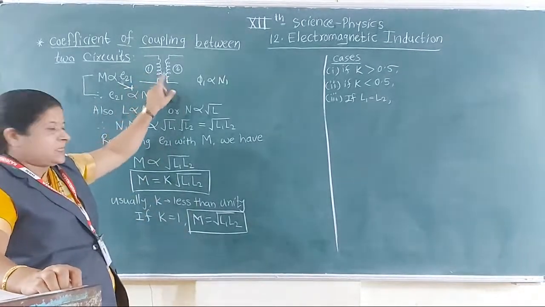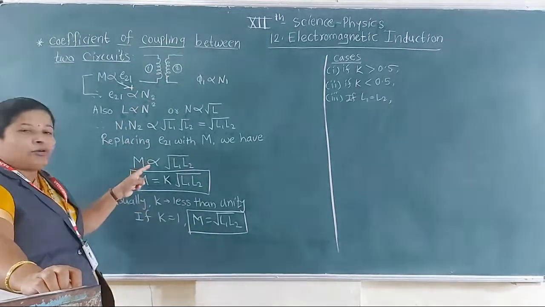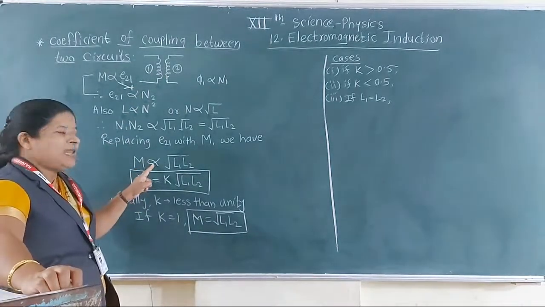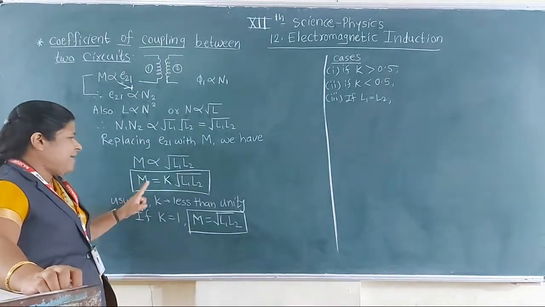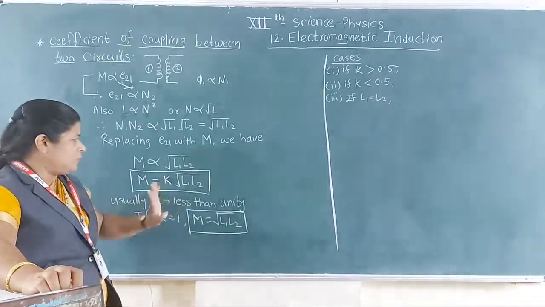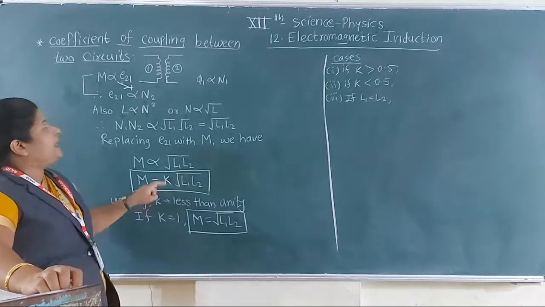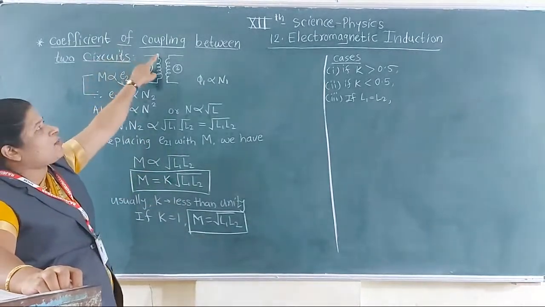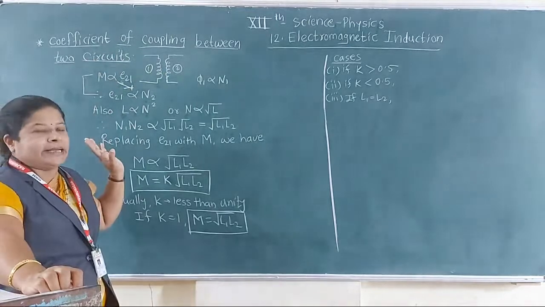For the two circuits, if we remove this proportionality symbol, we get M is equal to K into square root of L1 L2. This K is called the coefficient of coupling between the two circuits.